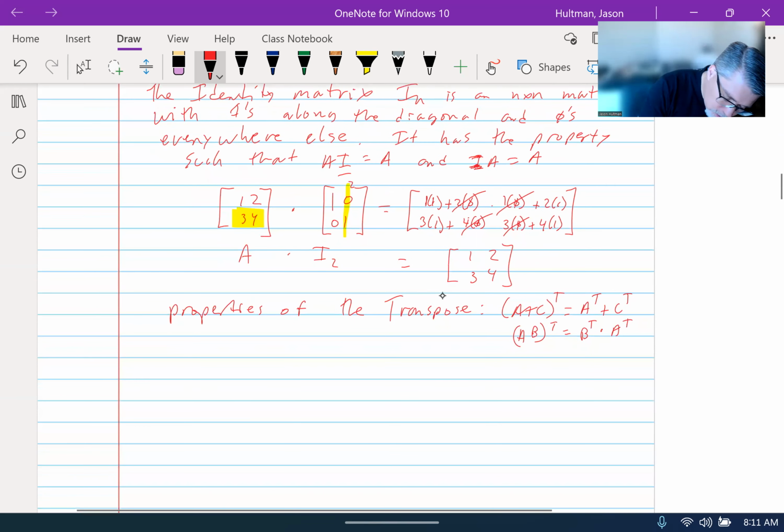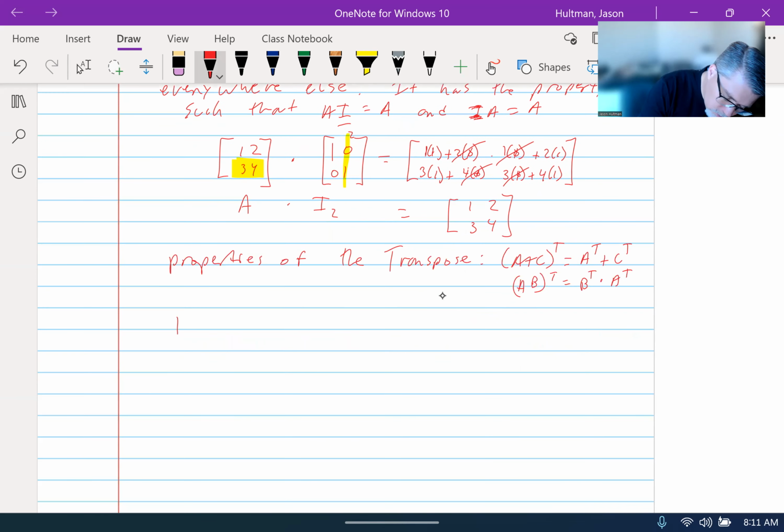The product of two lower triangular matrices is again a lower triangular matrix.